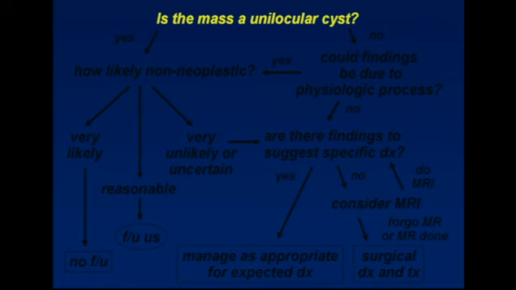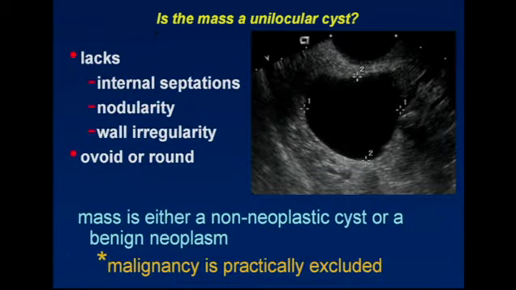This is an algorithm that we'll be working through to try to help us in formulating recommendations for follow-up, for not having any follow-up, or for surgical intervention. And the first step in this algorithm is to decide whether the mass you're looking at is a simple cyst, a unilocular cyst. What do we mean by that?